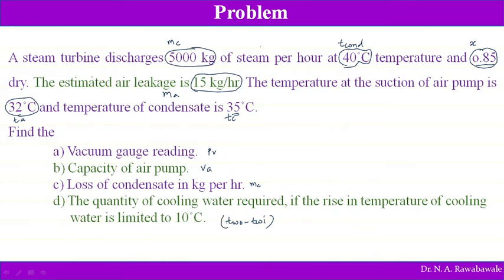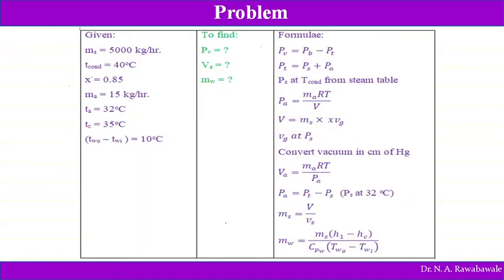So we will tabulate this data in a table and then we will plan this problem. Mass of steam or mass of condensate, MCS or MC, is 5000 kg per hour. Temperature of steam entering the condenser is 40 degrees Celsius. The dryness fraction of steam entering the condenser is 0.85.